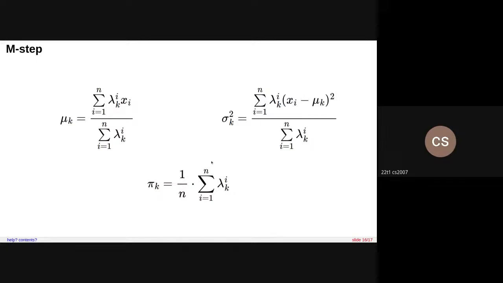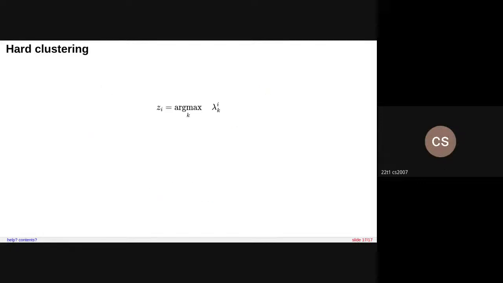So you look at lambda 1,1, lambda 2,1, all the way up to lambda 10,1, meaning how likely it is that these 10 points fall into my mixture. You sum all those probabilities, you divide by 10. Okay, got it.